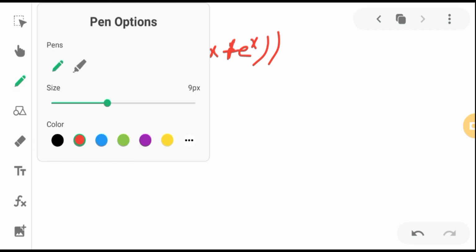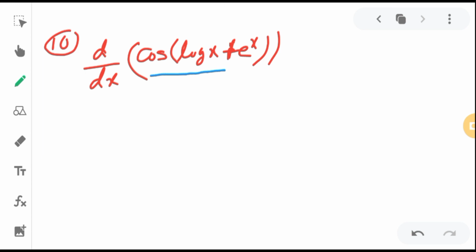Again, here also I will use the chain rule. Why? Because cos is the first function, then inside the bracket there are many functions, so whatever is inside cos, I will treat as x.